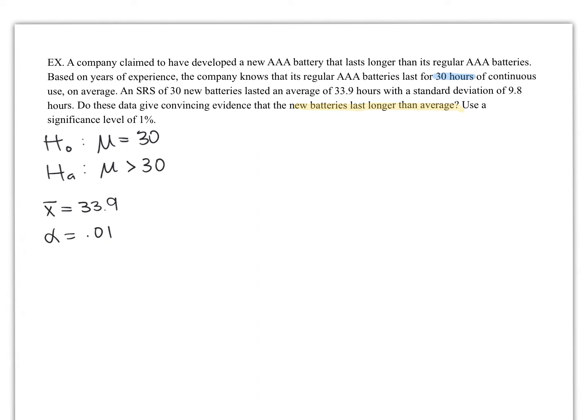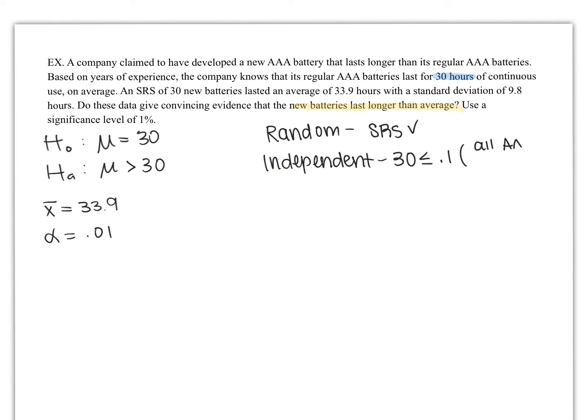Okay. Now we are going to check our conditions. So first we're going to start with random, and it does mention an SRS. Then independent. So our sample size of 30 is less than or equal to 10% of all AAA batteries, which there's at least 300 of those, so we're also good there.